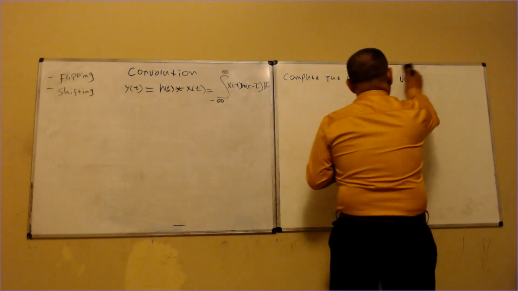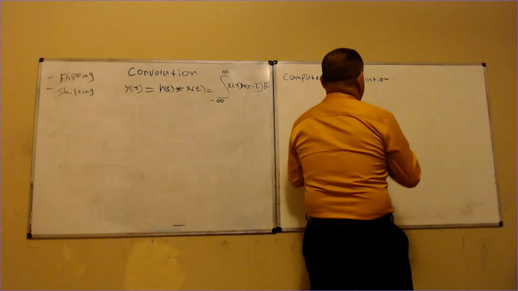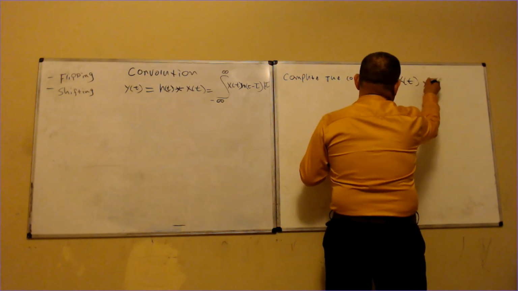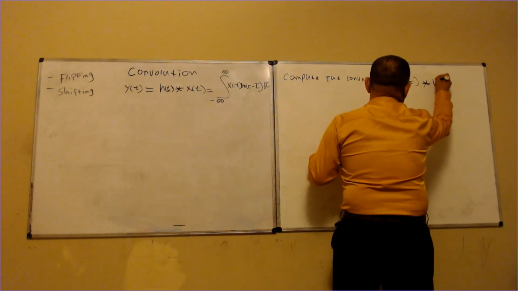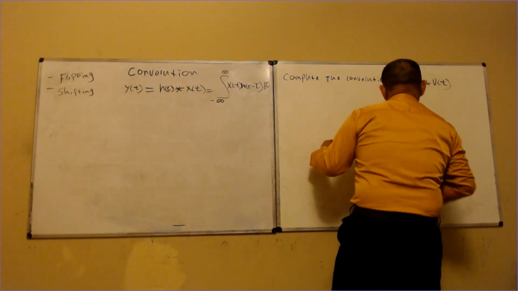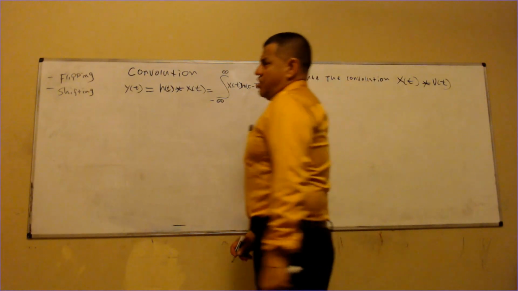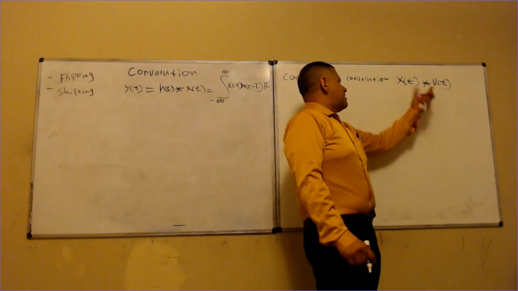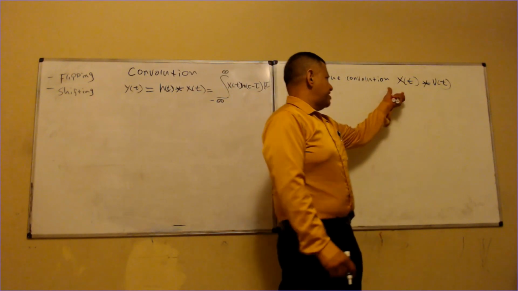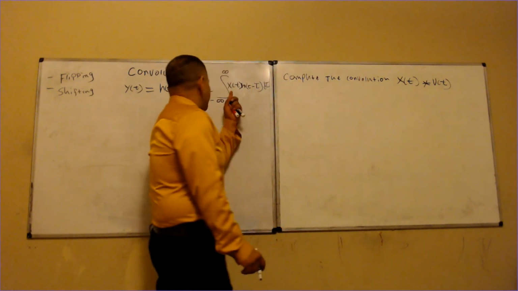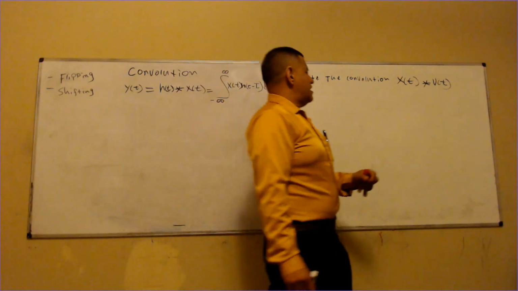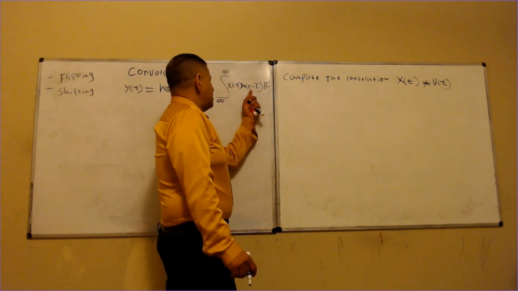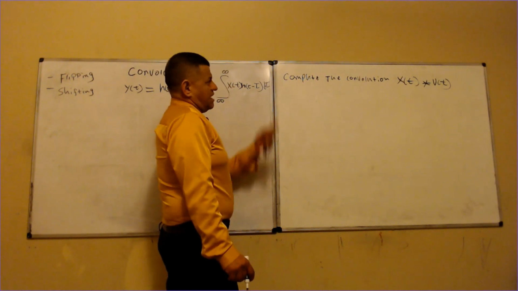Compute the convolution of x of t convolved with b of t, right? So in this case, we have technically the same format as this, and the only thing we change in the definition is t minus tau d tau.